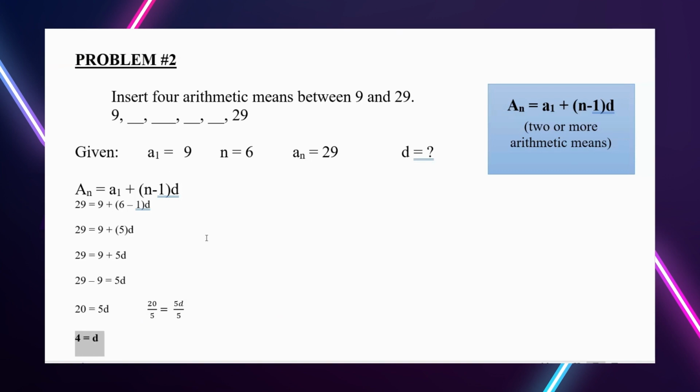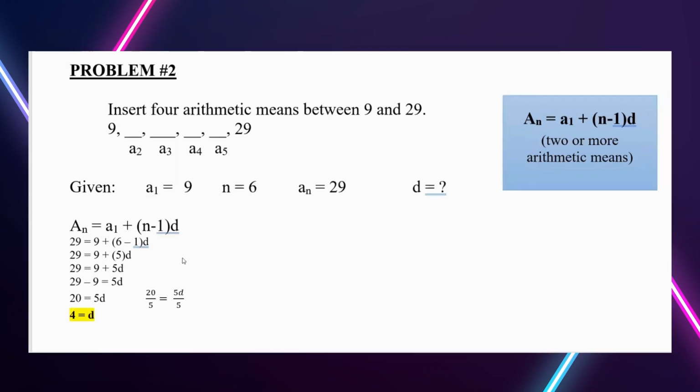Napaka-importante ang value ng common difference kasi gagamitin natin ito para makuha natin ang 4 arithmetic means between 9 and 29. Let us find the values of the 4 arithmetic means between 9 and 29 using the formula of an arithmetic sequence na a sub n is equal to a sub 1 plus the quantity of n minus 1 times d.